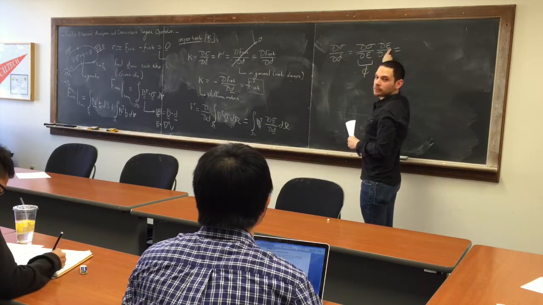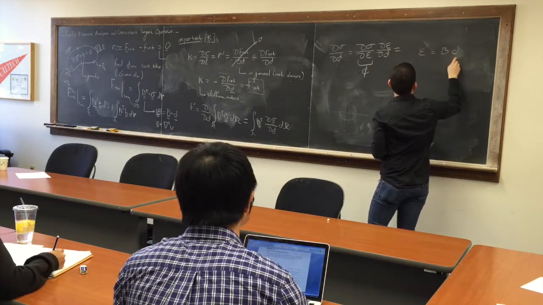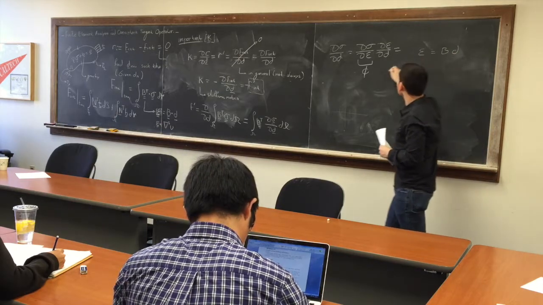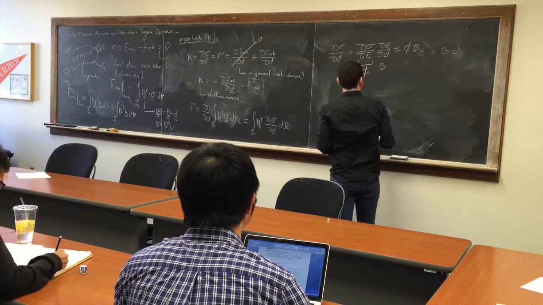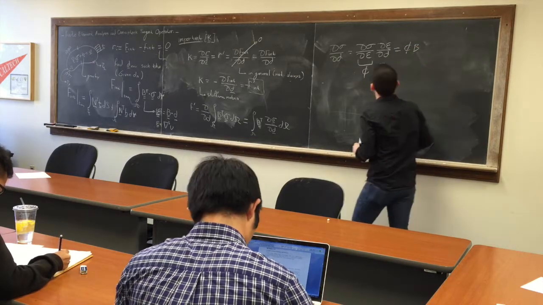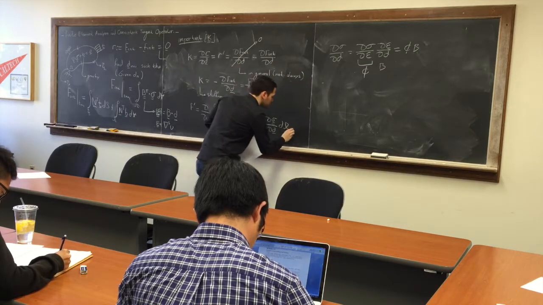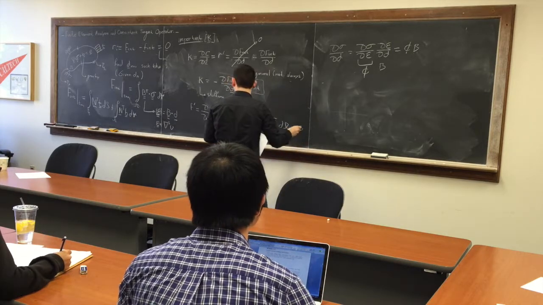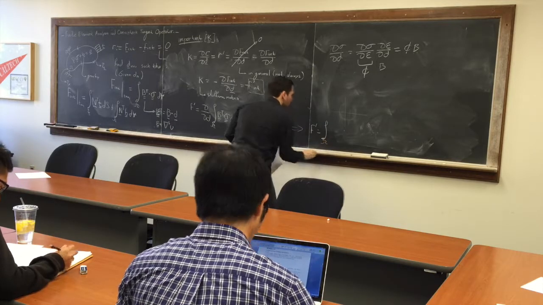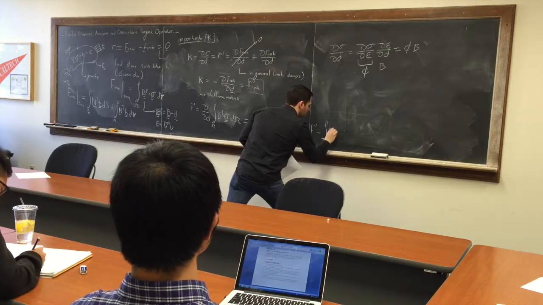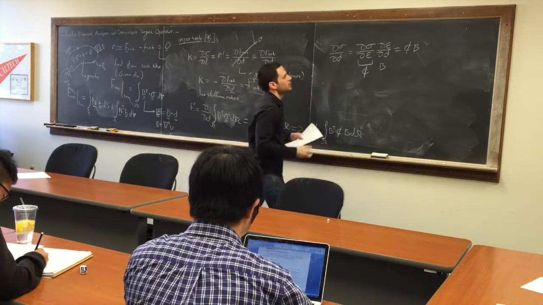I'm approximating this one. So this is B. Then you get this C, B. So F prime is equal to the integral of B transpose C B, as we said before.